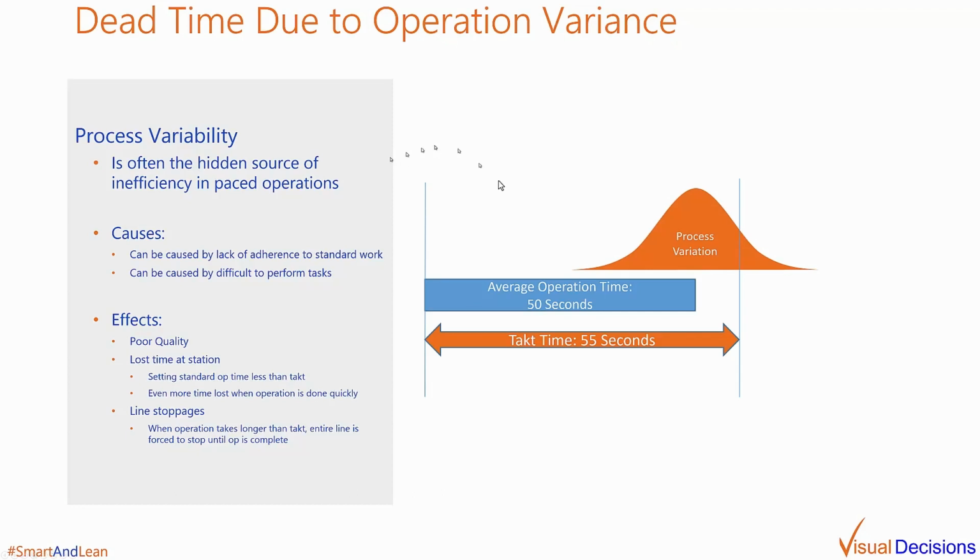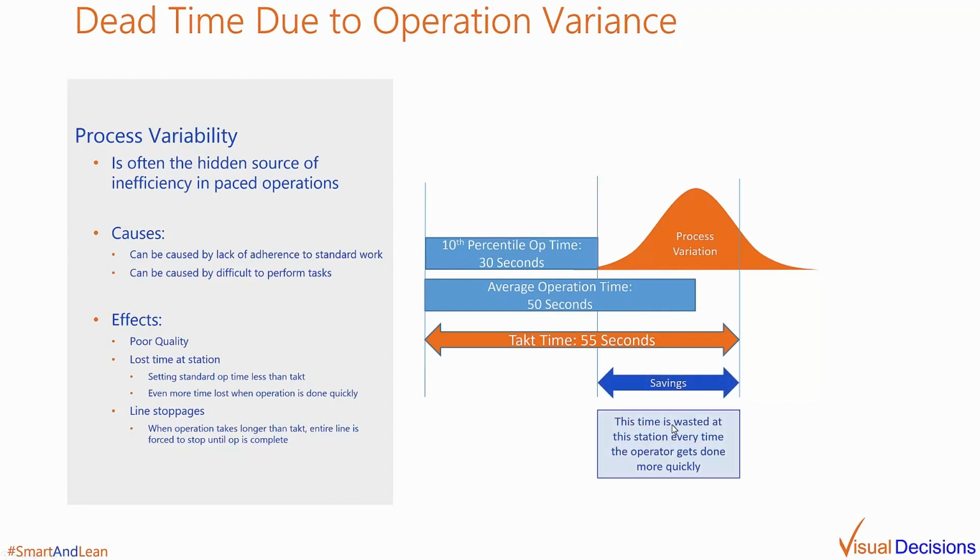But now let's say that we have this amount of variation in how long that process or that step actually takes to complete. In that case, what we're going to see is that 10% of the time we're going to get done in faster than 30 seconds. And when we do that, that creates 25 seconds of wasted time where the operator is going to stand there idle waiting for the next cycle to happen.